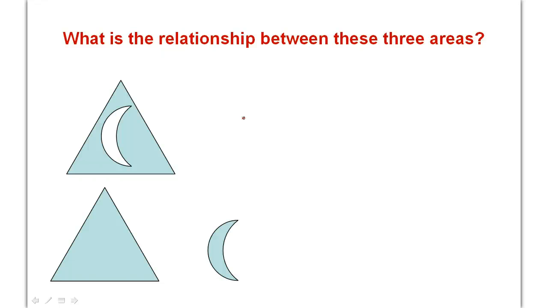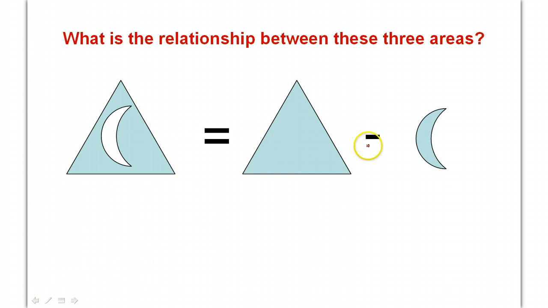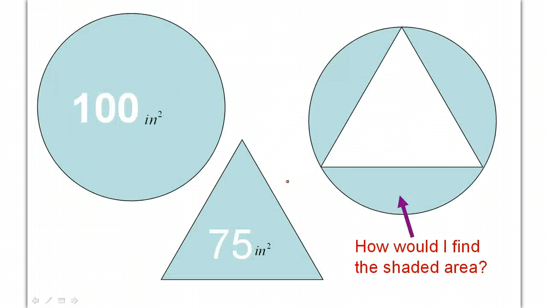What did you guys come up with? The triangle minus the moon. If I want this original shape, the triangle moon shape, I could find it by doing triangle minus moon. Okay? So this shape would equal the triangle minus the moon. All right? Hold that in your head.